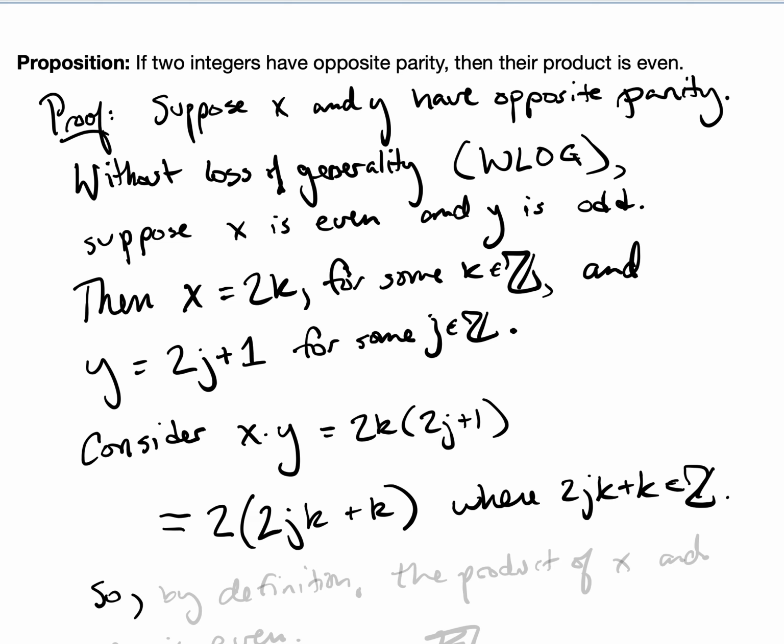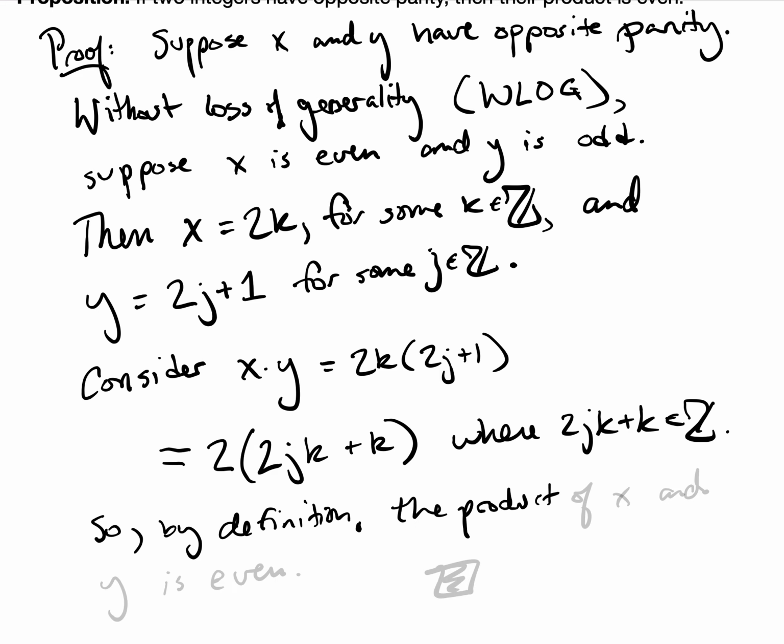And so, by definition, the product of x and y is even. And so I have proven that for a general x and y, any two integers x and y with opposite parity, and my proof is complete.